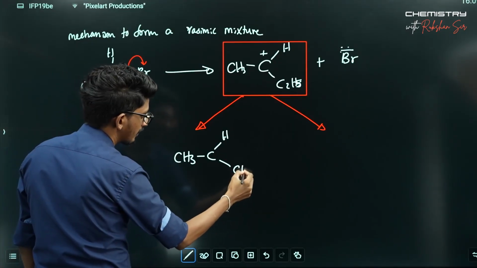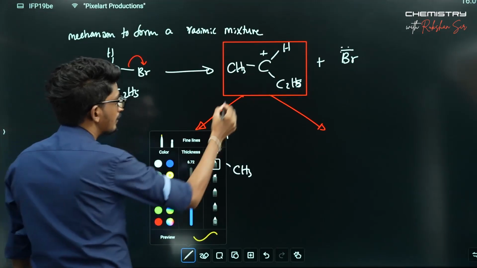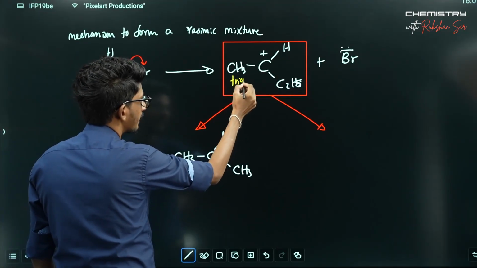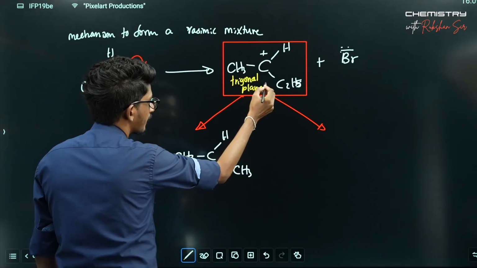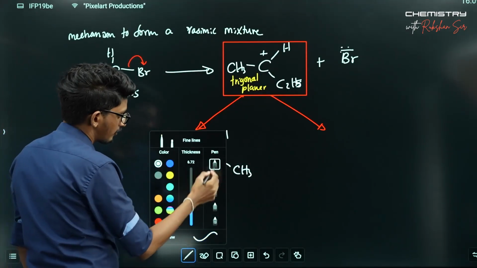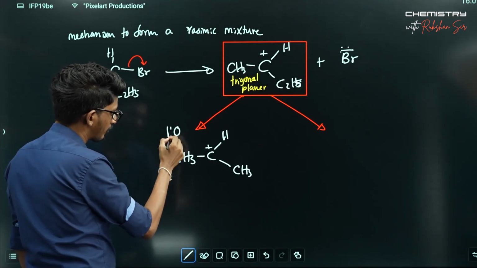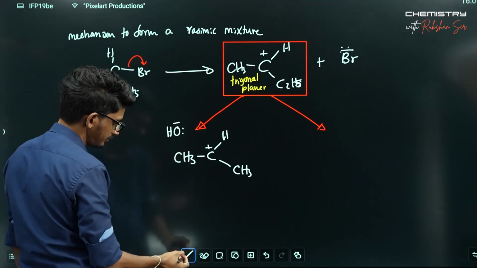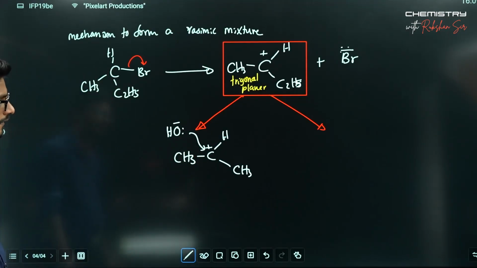It's a planar molecule, no? It's just a trigonal planar molecule. So the nucleophile can attack from the top, like this. Right?